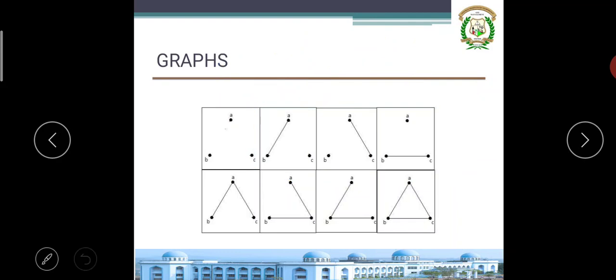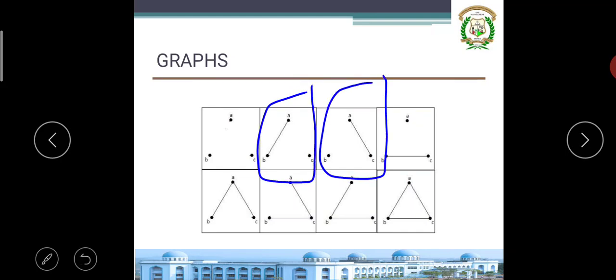Am I right? In one graph the edge available is AB, in another AC, and in the last one BC.